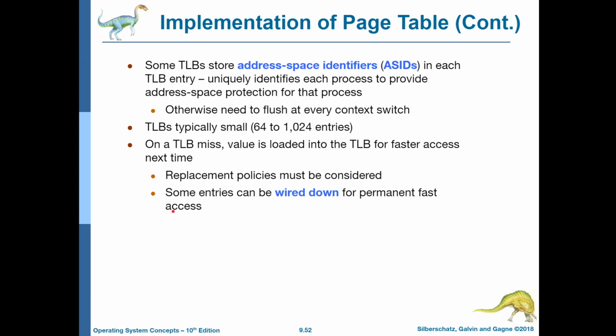And so if the TLB is populated with process 1's page table entries, and we context switch to process 2, something needs to happen to the TLB so that process 2 isn't accessing process 1's memory or page table entries. Well, in any case where this isn't handled, the context switch would have to include flushing the TLB.